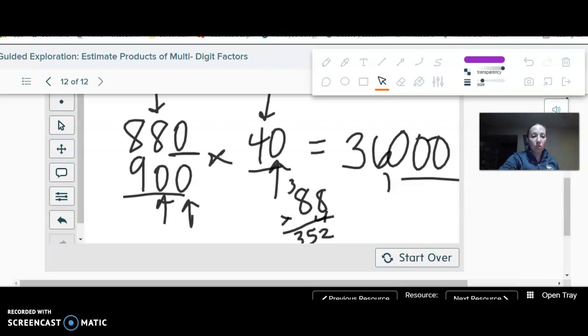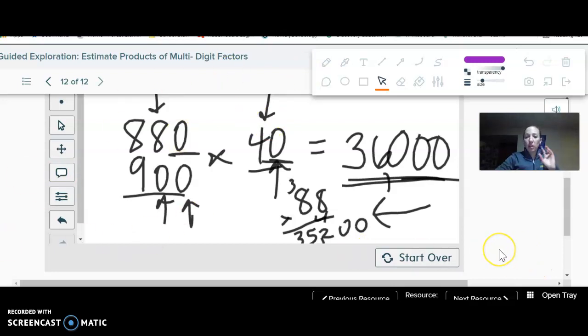Then again, I just have to put on 2 zeros this time. But notice, either way, 36,000, 35,200, they're both pretty close together. I know my answer is probably going to be a little closer to this one because I didn't round as far, but this is still a fine estimate that I could use.